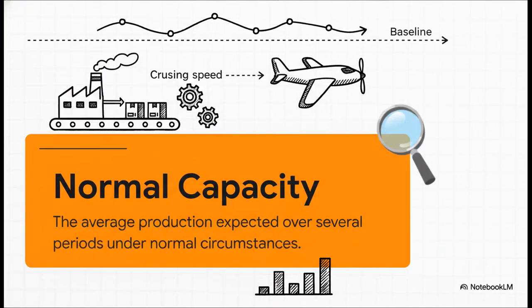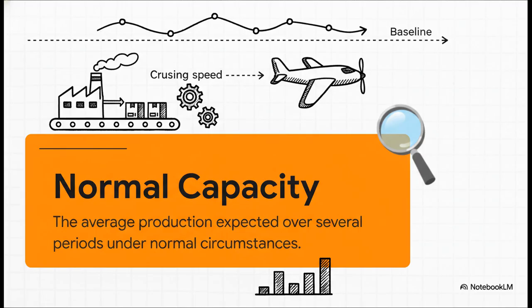Okay, so what on earth is normal capacity? Well, think of it as the average amount of stuff your factory expects to make over a bunch of different periods. It smooths out all the crazy busy months and the super slow ones. It's kind of like the factory's normal, reliable cruising speed.